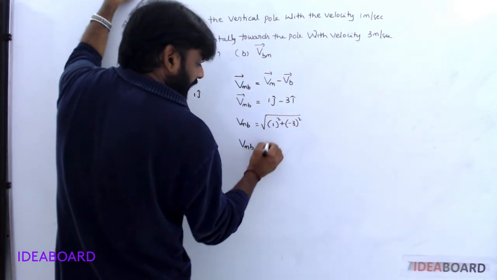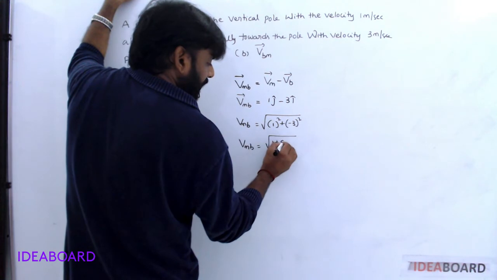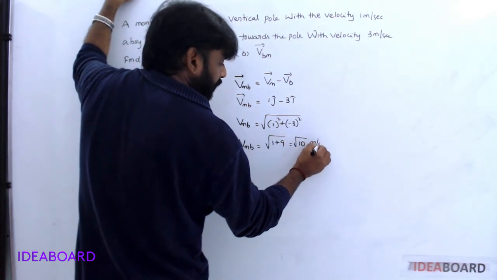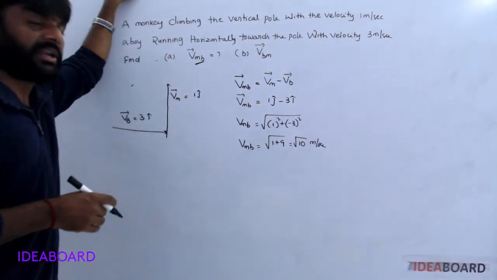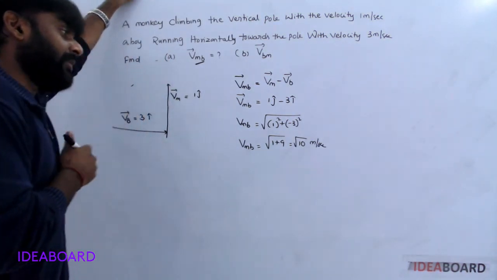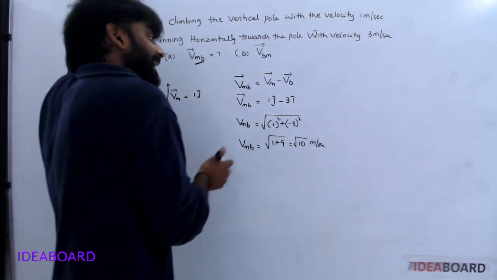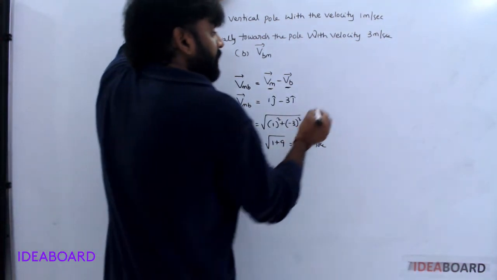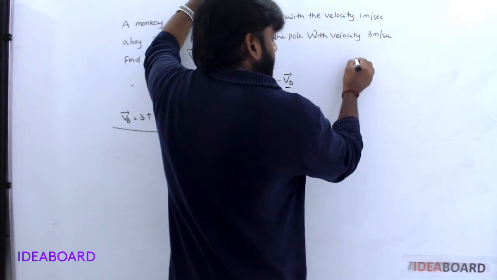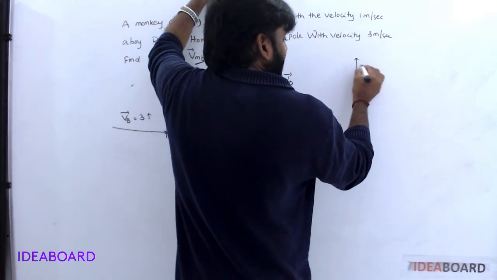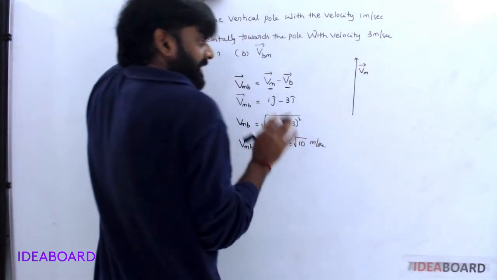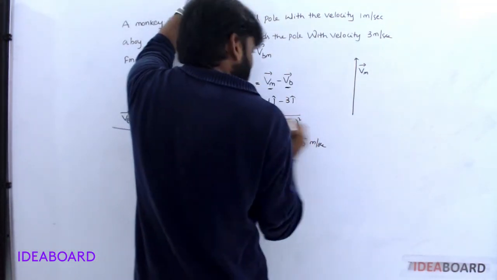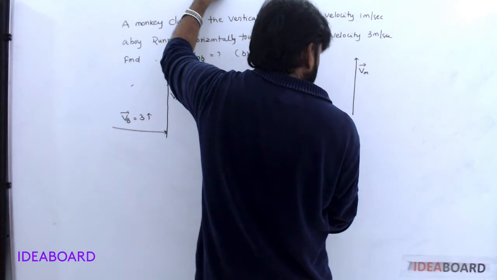Monkey with respect to boy, square root of 1 plus 9, it is equal to root 10 meter per second. Understood? Here the main required one is direction. In this direction, monkey is positive, but boy velocity is negative. That means monkey velocity direction is as usual the same, but here boy velocity direction is changed.